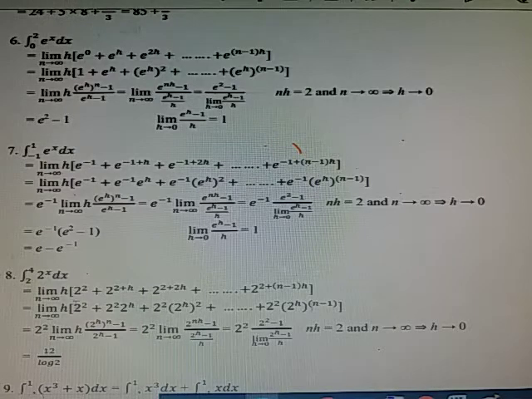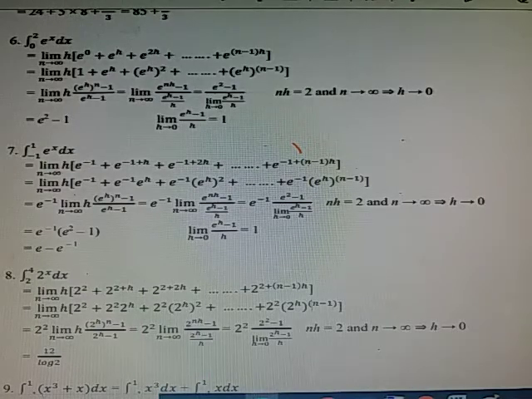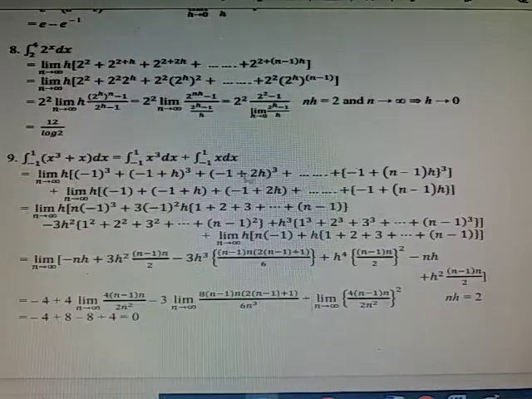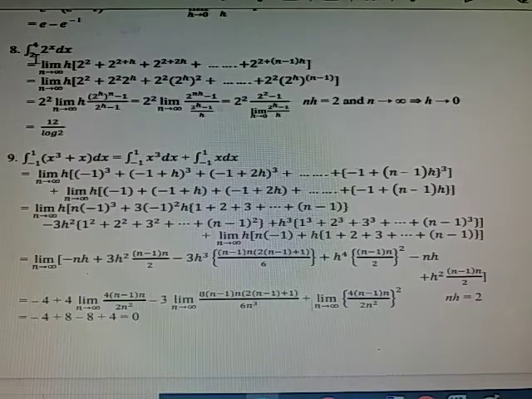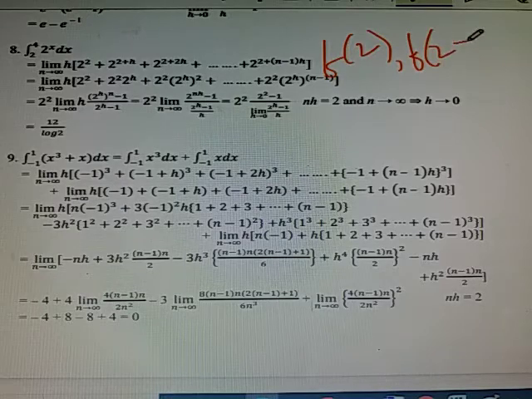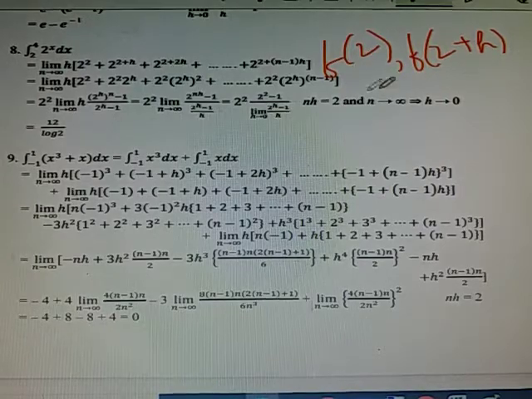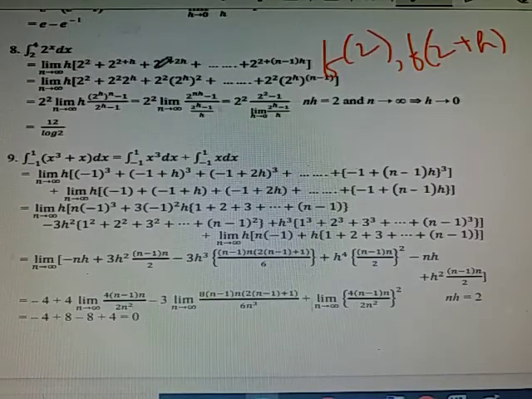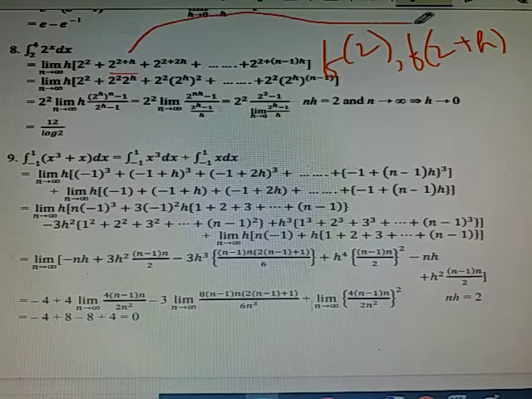Then 2 to the power x. It is like a to the power x. So this 2 to the power x is the same procedure. So f of 2 plus h, f of 2 plus twice h, etc., up to n minus 1. So f of 2 is 2 square, and f of 2 plus h is 2 square into 2 to the power h.